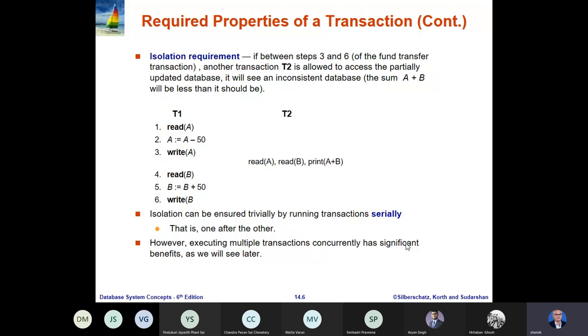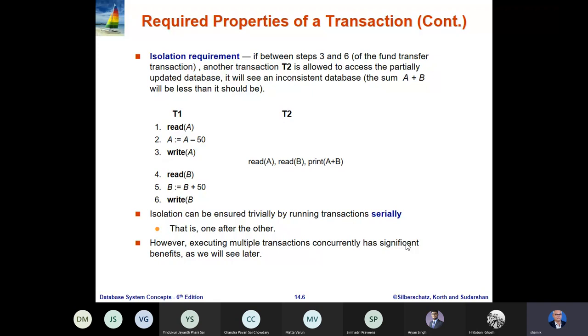Now, why is it called isolation? The property of isolation guarantees that even if the transactions are executed concurrently, they get executed in such a way that it gives an impression as if the transactions are getting executed in isolation. So that is why it is called the property of isolation.